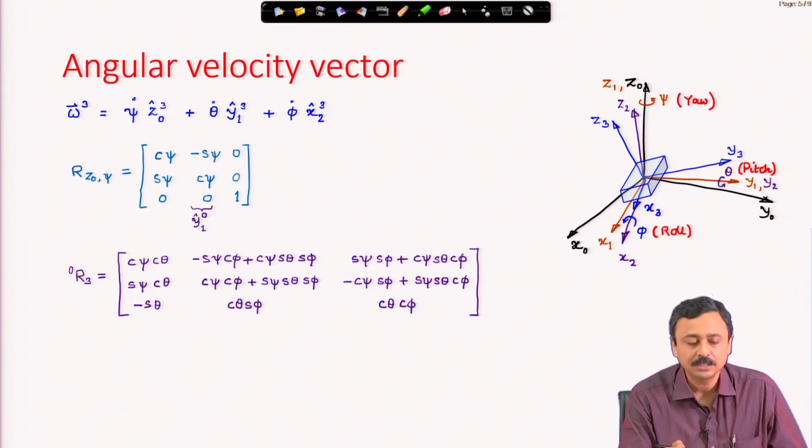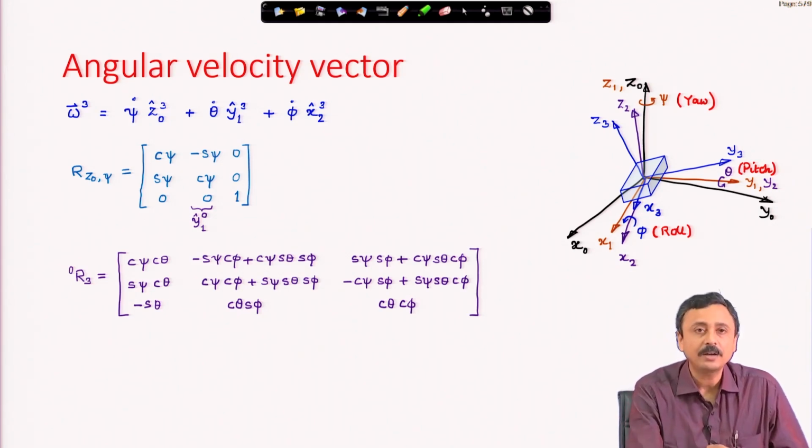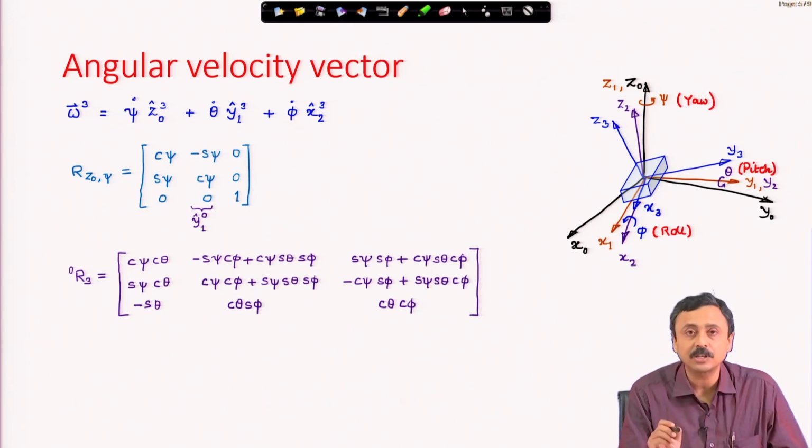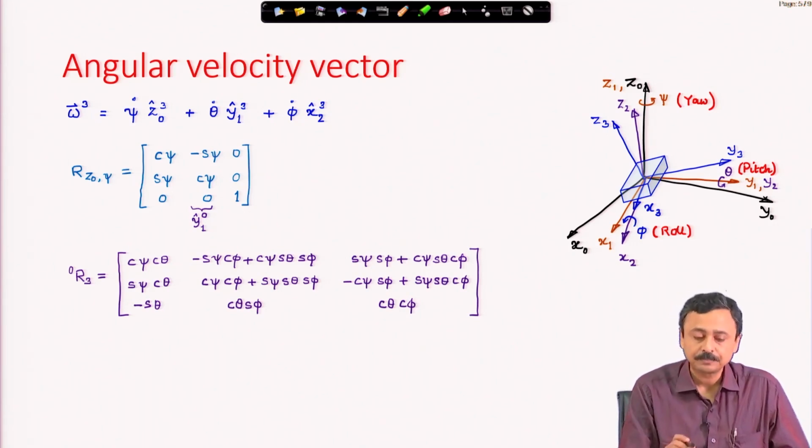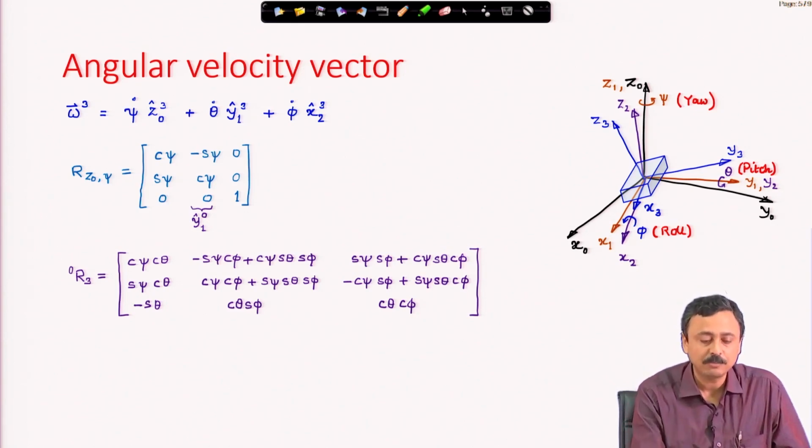This is our interpretation, because R z 0 by an angle psi, the yaw, was the first rotational transformation. Therefore, the second column must represent y 1 in x 0 y 0 z 0.